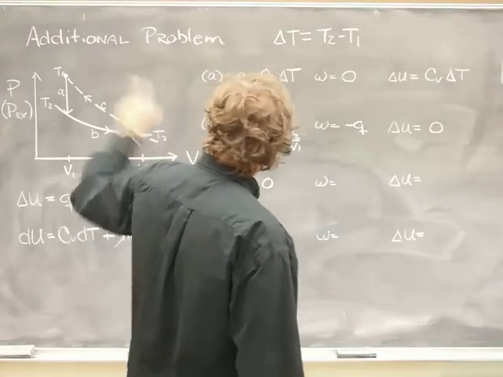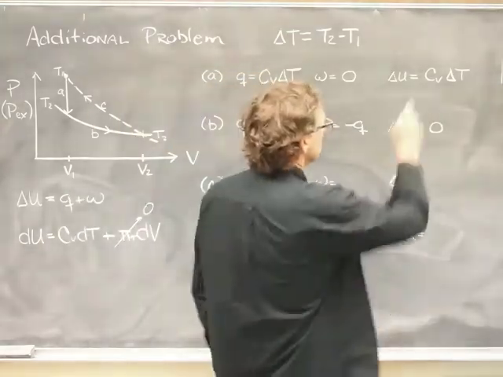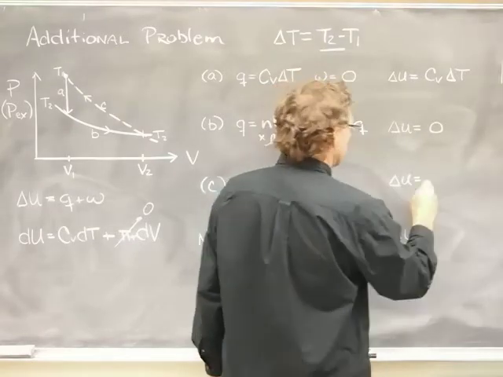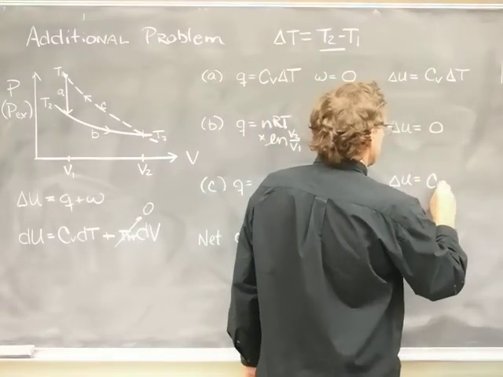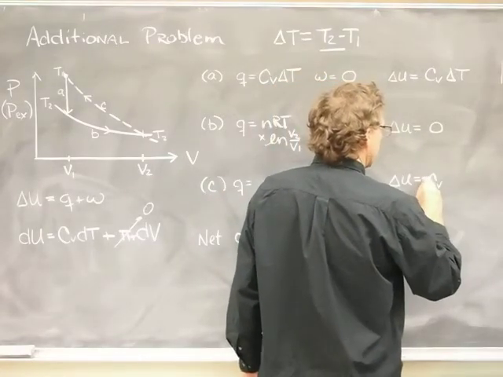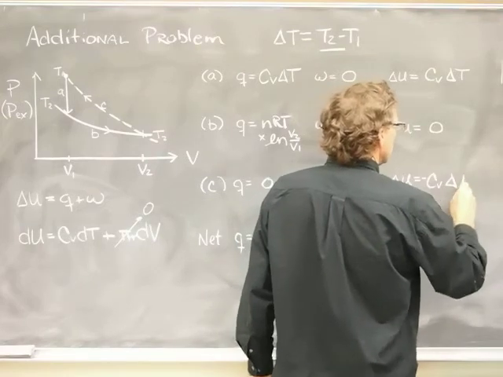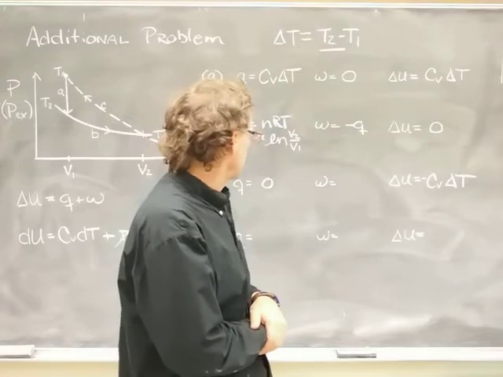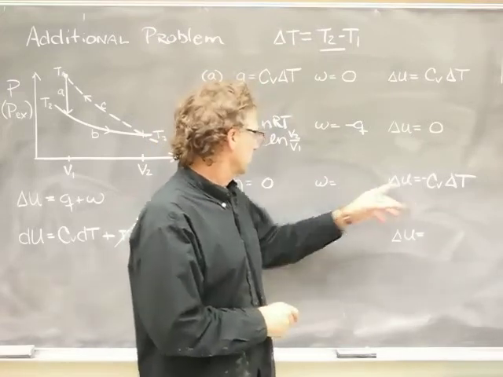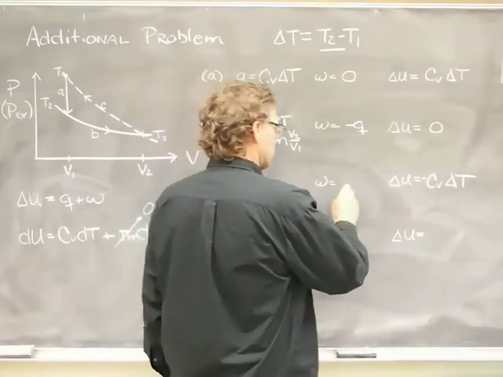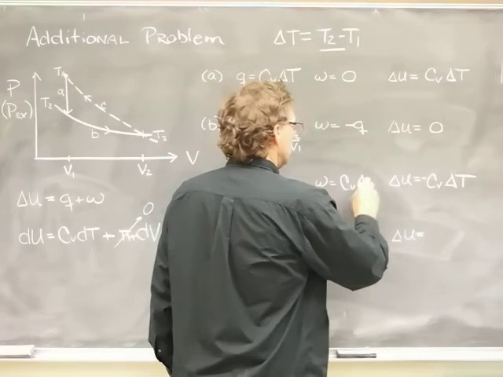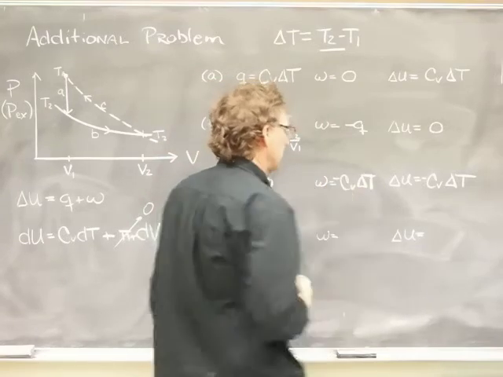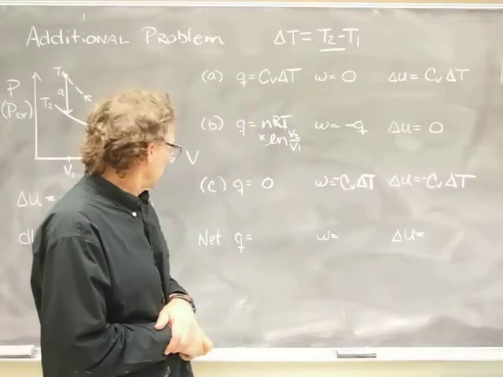It's going from T2 to T1. So I'll put a minus sign up there, CV times minus delta T, where delta T is defined as T2 minus T1. And since delta U is equal to Q plus W, that must mean W is also minus CV delta T.